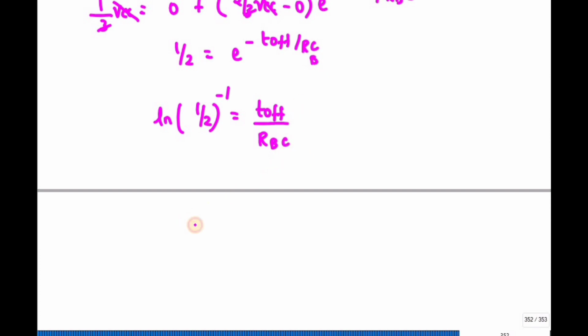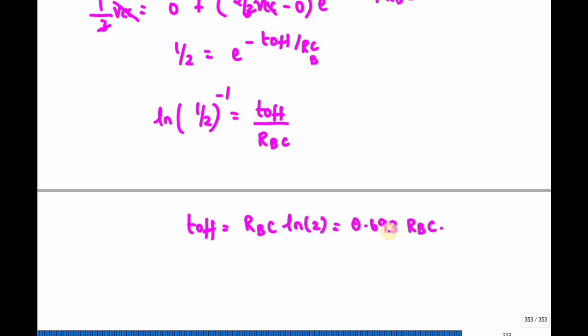So what is t off now? T off is equal to RBC into ln 2. So ln 2 is nothing but 0.693 RB into C.